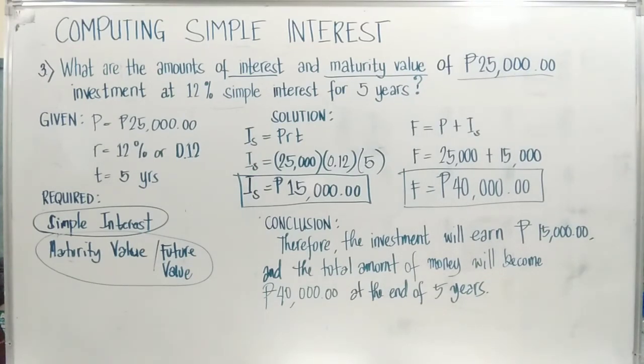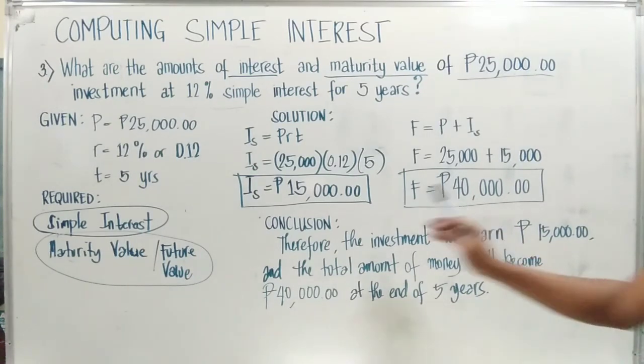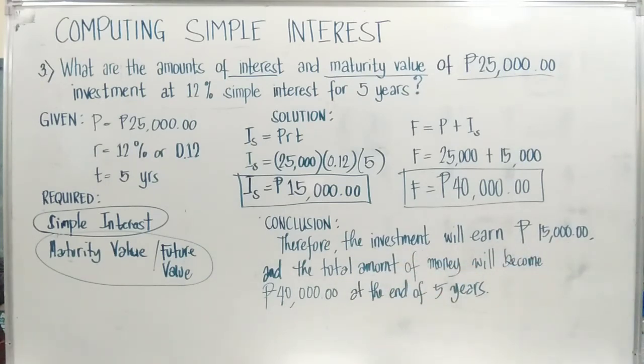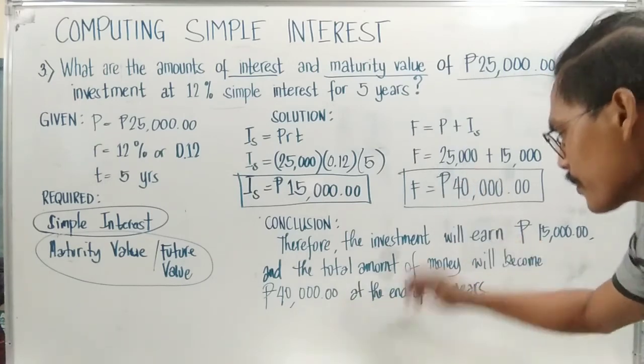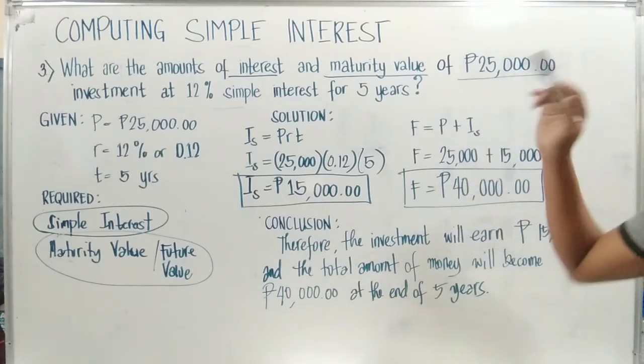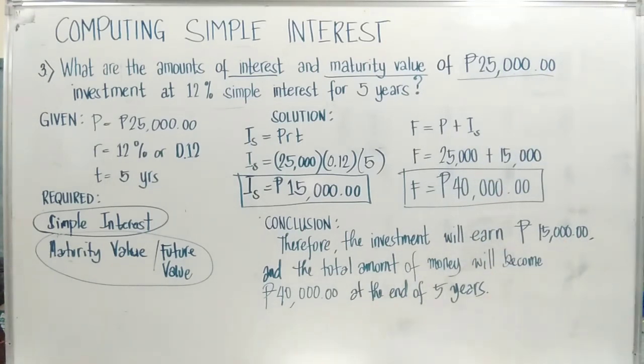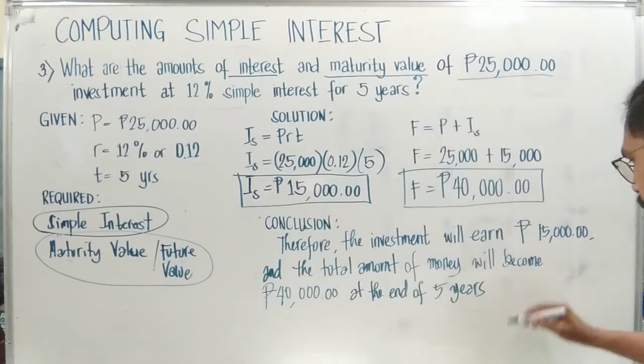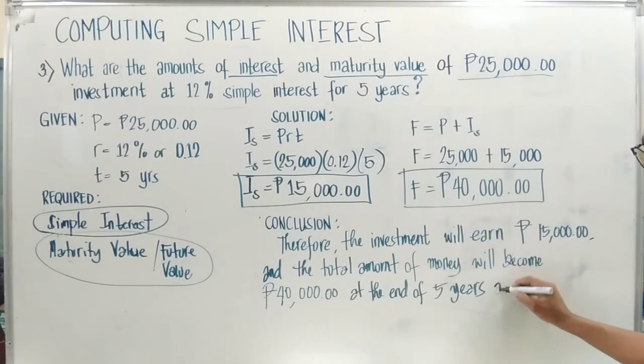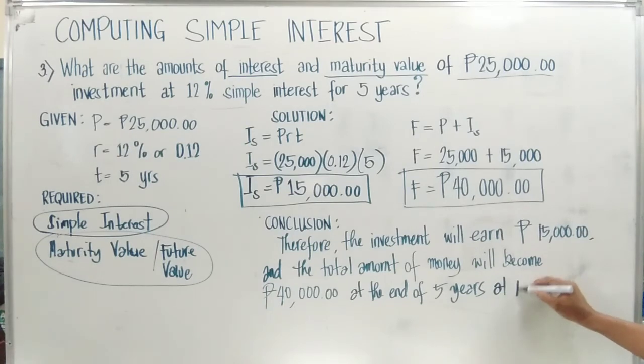Okay? So that will be your conclusion. So therefore, the investment will earn 15,000 pesos and the total amount of money will become 40,000 pesos at the end of 5 years at 12% interest rate. Okay?